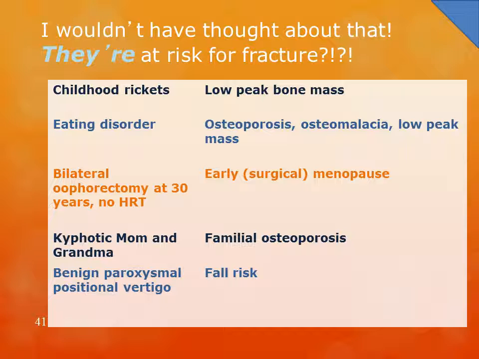Say you were 30 and you had bilateral oophorectomy. You weren't put on hormone replacement therapy, so that was surgical menopause. You are at risk for osteoporosis/fractures. Your mom and grandma both have that little kyphotic hump. That could be familial. You could be genetically inclined.